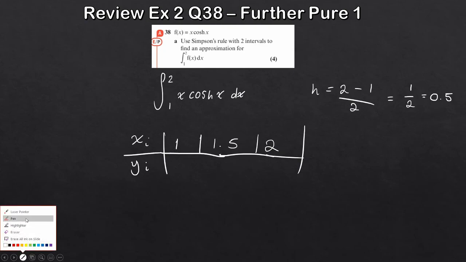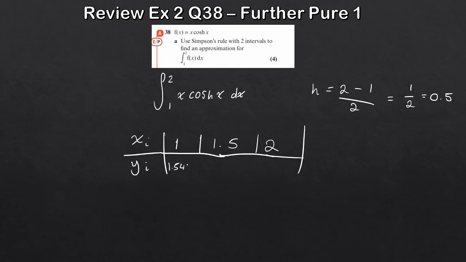So if I do that, that'll be 1.5308. For 1.5, that'll be 3.52861, and then for 2, it'll be 7.52439. Okay, so we've got our table of values, and this is y0, y1, and y2. So technically for this one, we don't have any even terms here. We would have y2 and our y0, but because of the endpoints, we can't include them.